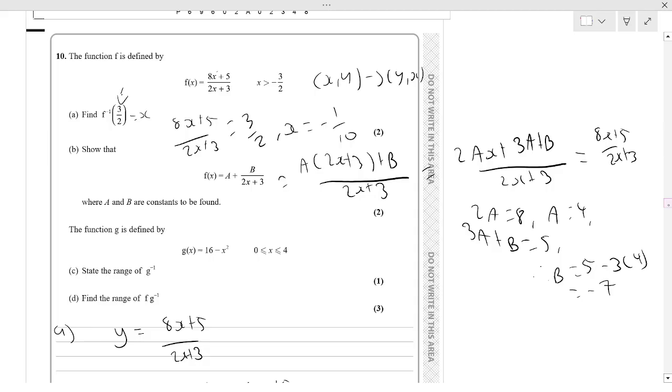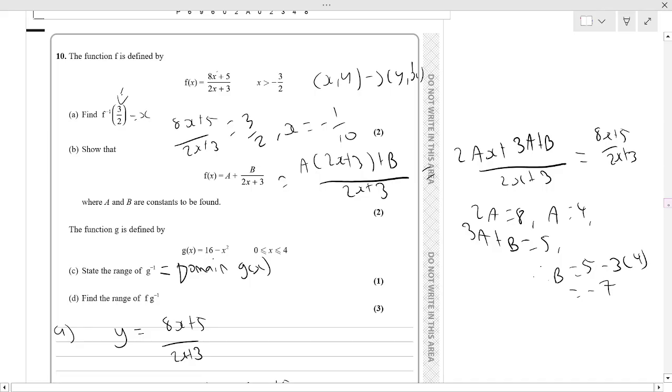So what that means is the range of g inverse is going to be the domain of the original function g, and it goes vice versa. So the range of g of x will be the domain of the inverse, because the domain, remember, corresponds to the values of x. It depends how you want to learn it, but that's essentially it.